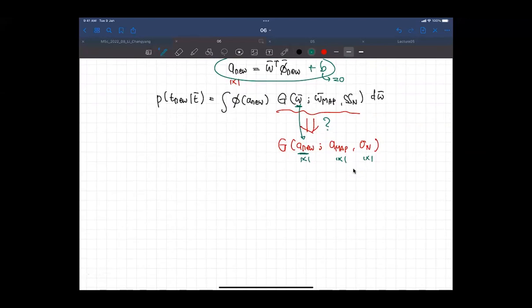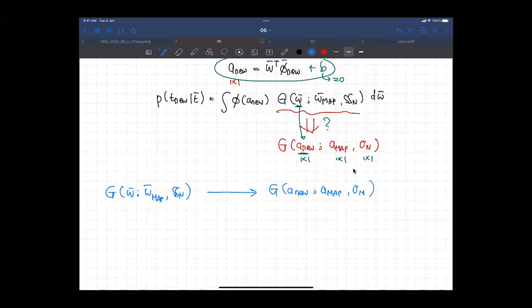So the idea is that we have G of W bar, W MAP and S_n, and we want to transform this into G of A nu, A MAP and sigma n.